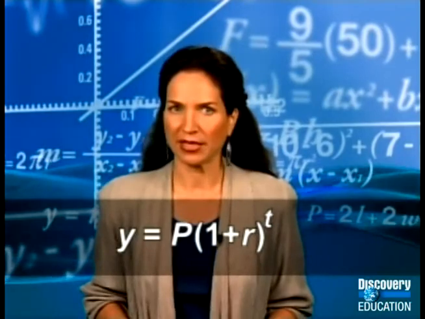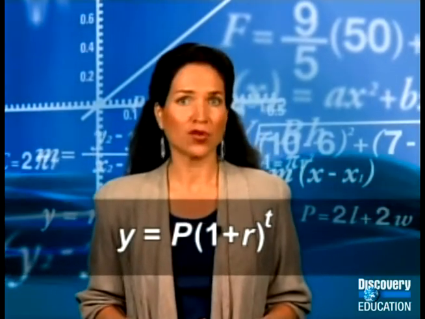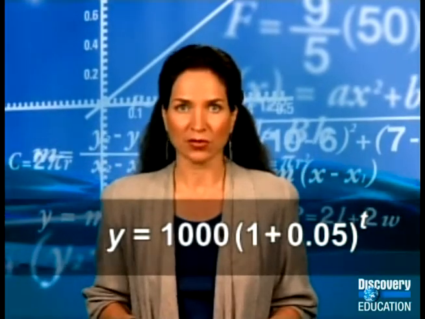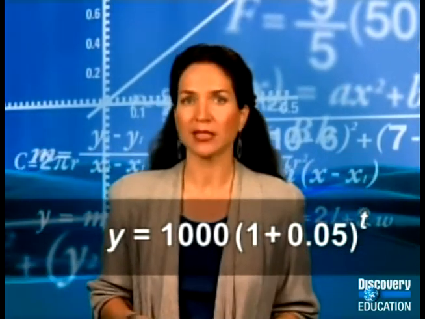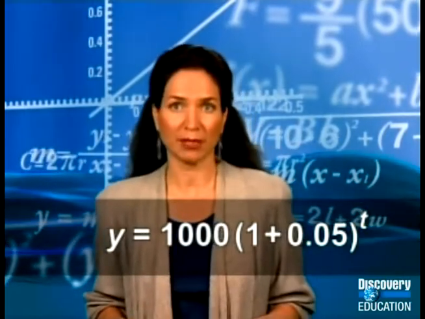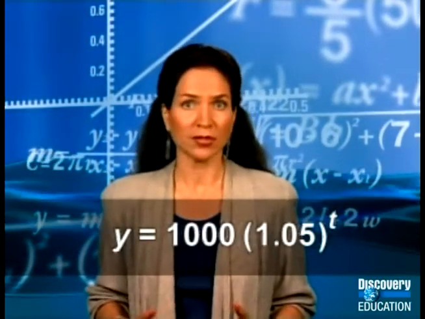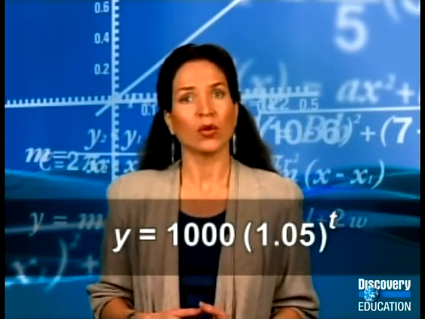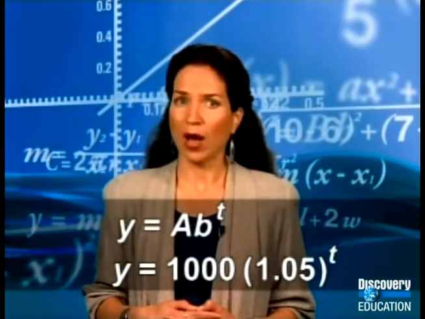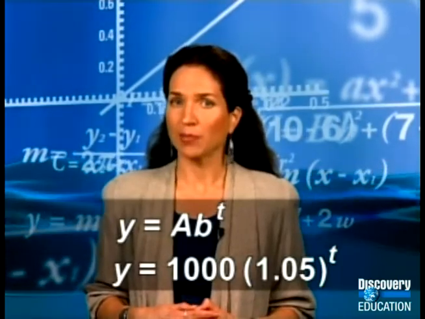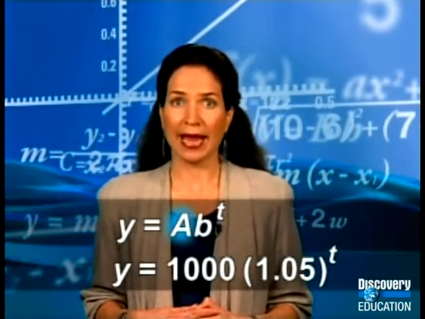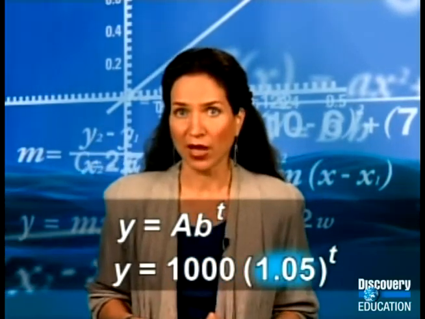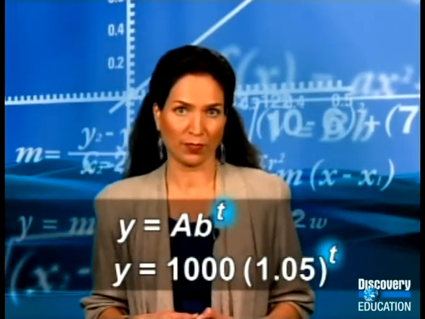Substituting 1,000 for p and 0.05 for r in the general equation gives y equals 1,000 times quantity 1 plus 0.05 to the t power, or 1,000 times 1.05 to the t. We recognize this form, y equals a times b to the t, where a is 1,000, b is 1.05, and t is the time variable.